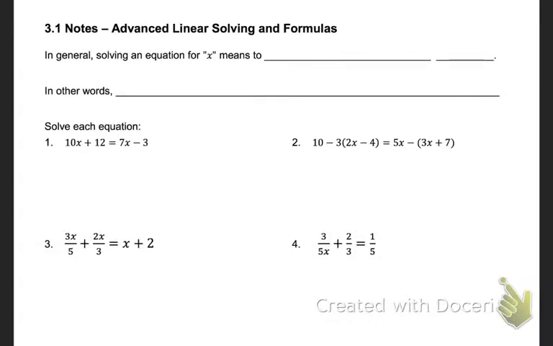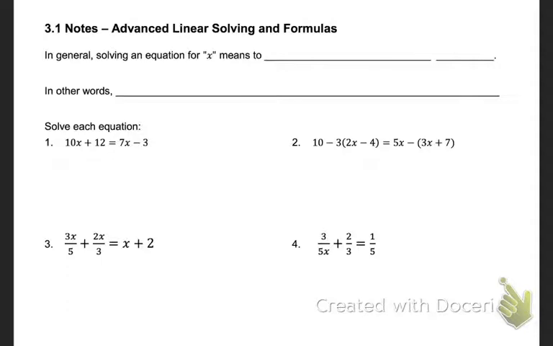You won't be tested over it. It'll be a double quiz, and that'll be the last grade for the quarter. With this section, typically students struggle a little bit, so I'm going to try and help you as much as I can, give you as many hints and tricks as I can, but definitely reach out to other teachers if I'm not there and try to get help, seek out other students, and just try to practice this as much as you can.